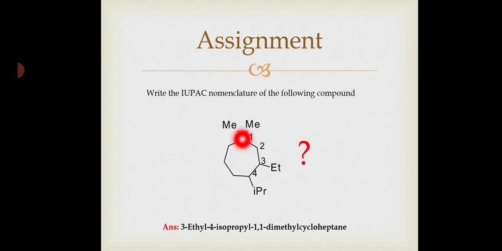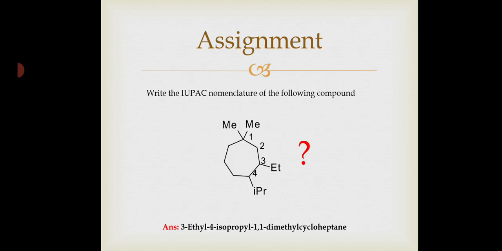This carbon is disubstituted, so obviously this will get number 1, because the higher the branching, the lower the number that carbon gets. That was the rule. And so this carbon will be 1, 2, 3 and 4. So now you know the position of the substituents. Once you know the position of the substituents, while writing the name, the names of the substituents will come in the prefix.